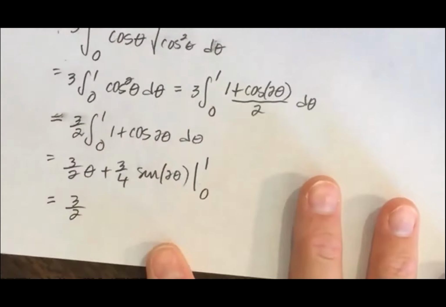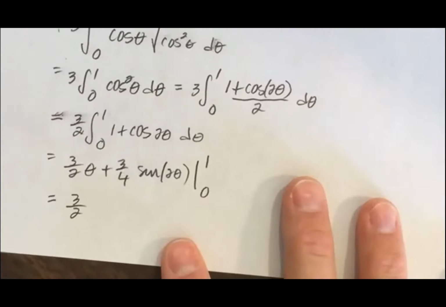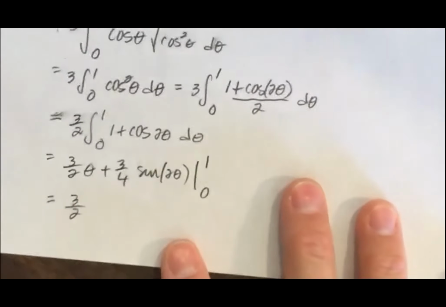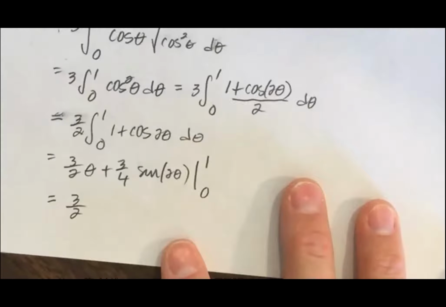What's going on here? I'm feeling kind of bad. The sine of 2, that seems to be giving us a little bit of grief, doesn't it? So there's something wrong because I'm pretty sure the answer doesn't have a sine of 2. What does the sine of 2 look like?